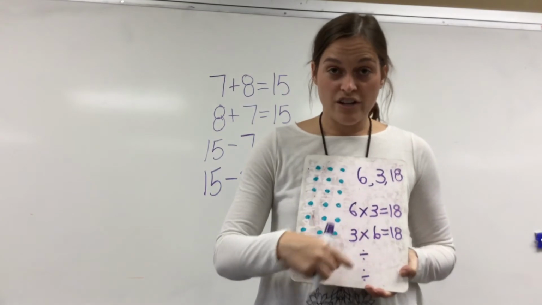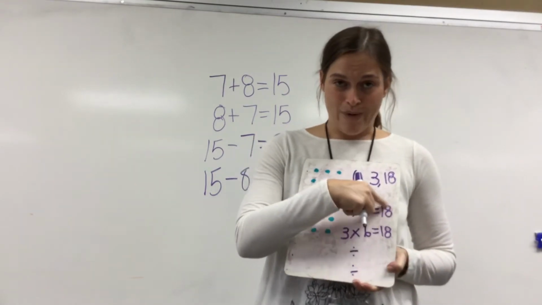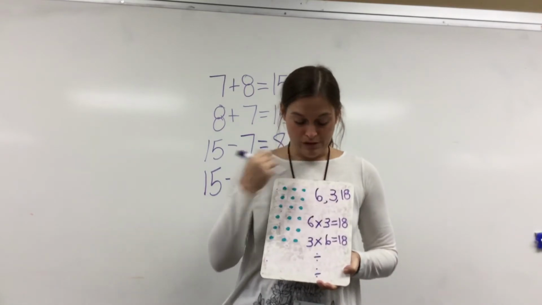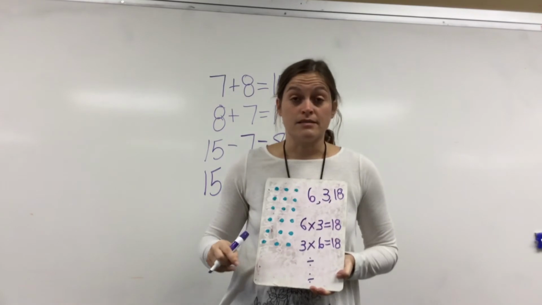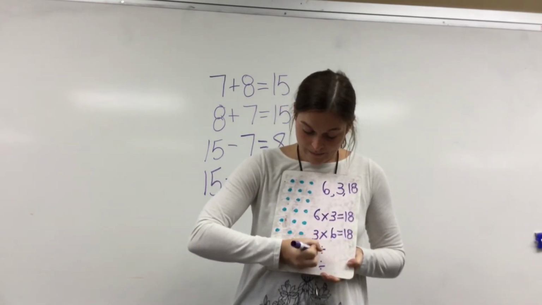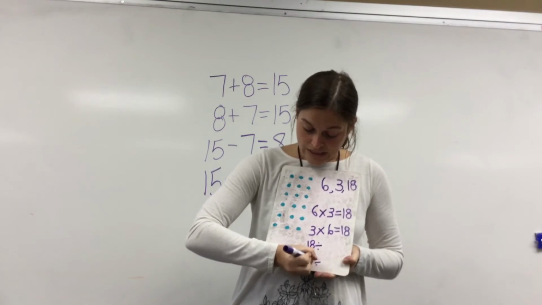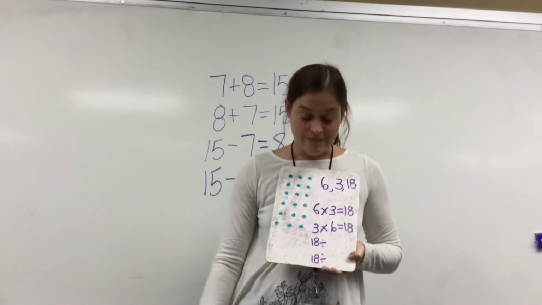For our division facts, we start with the biggest of the numbers. 3, 6, or 18. Obviously, 18 is the biggest. So for both division facts, I want to start with that 18.